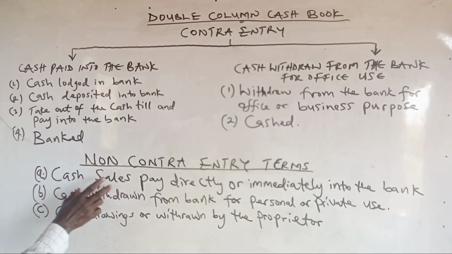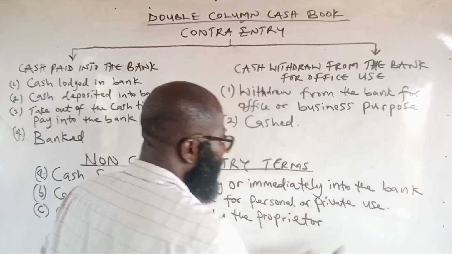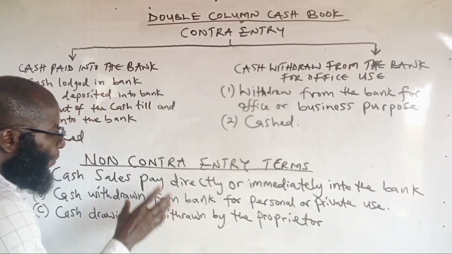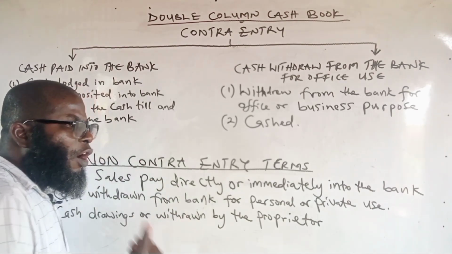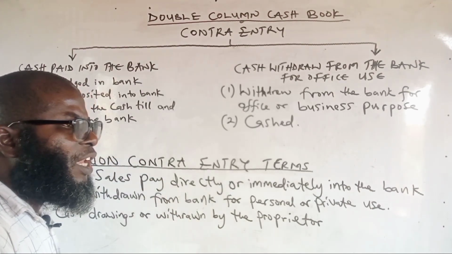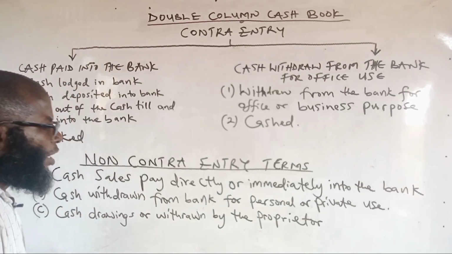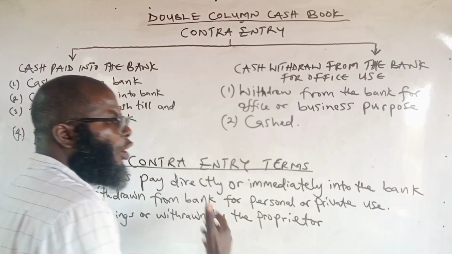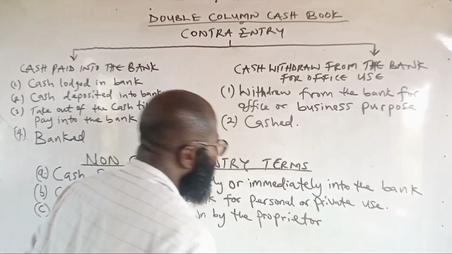Look at it. A: cash sales paid directly or immediately into the bank. This means that immediately such a sale is made, the owner of the business does not even receive the money into the cash account. Probably he gives them an account or a check to pay the money into the bank immediately.